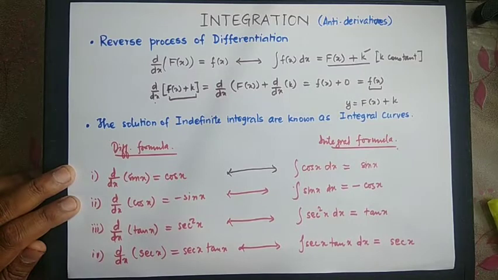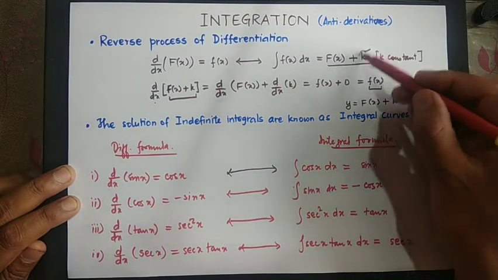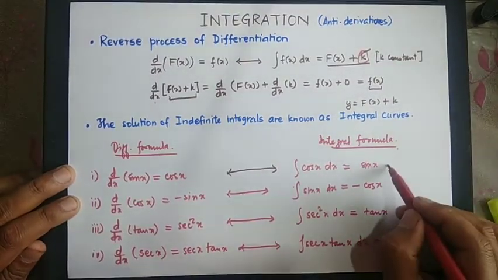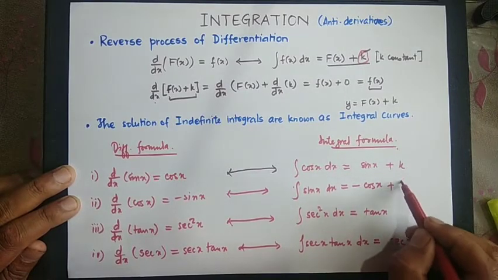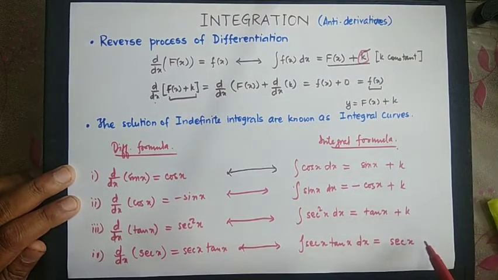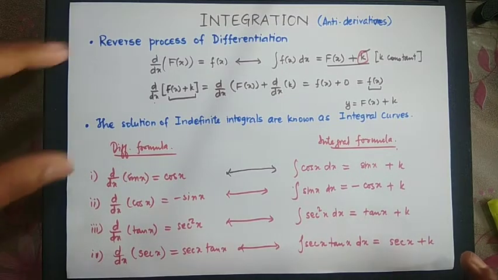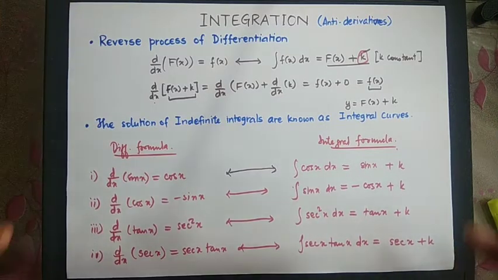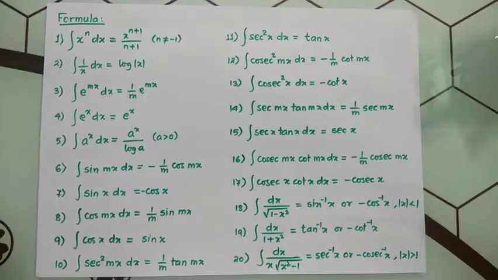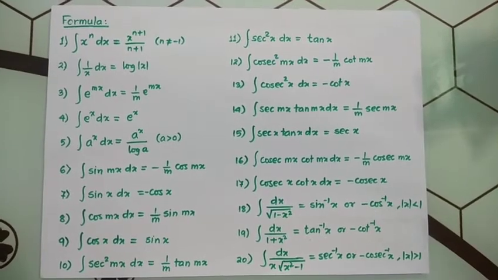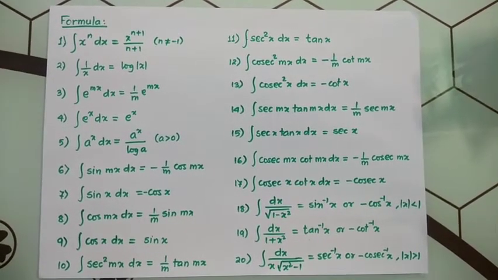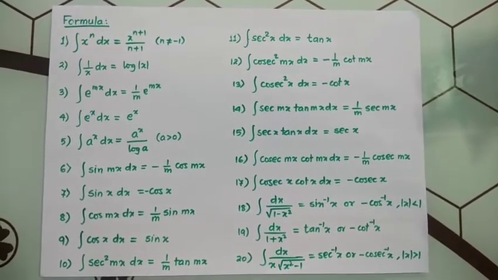As I said earlier, we always need to put one constant, so that's why I'm putting plus k everywhere. So just pause the video to note down only this much. The rest of the formula will be given in the next page. These are the formula that you need to copy, so you can pause the video to copy them.